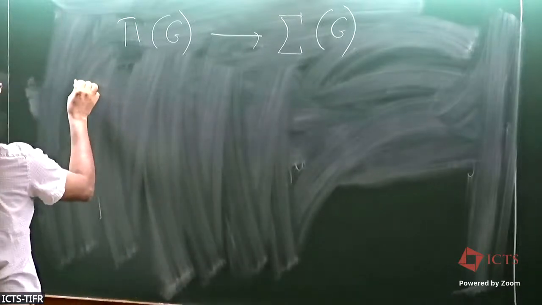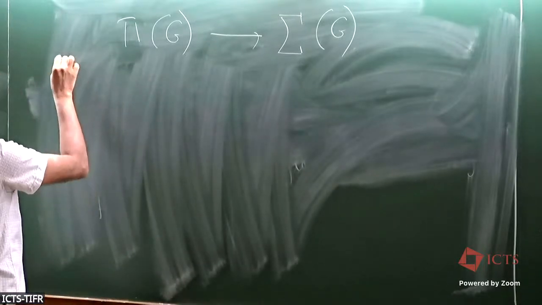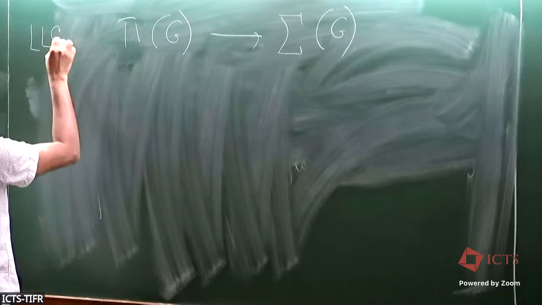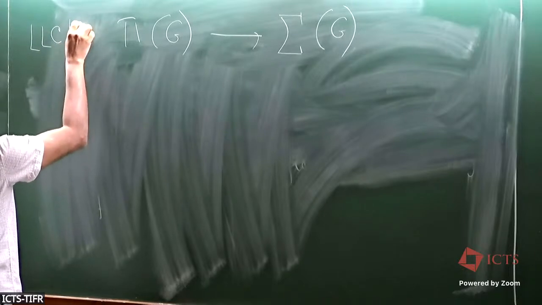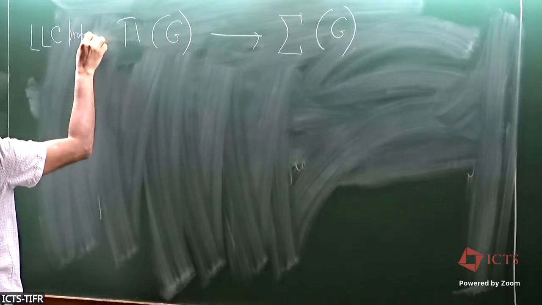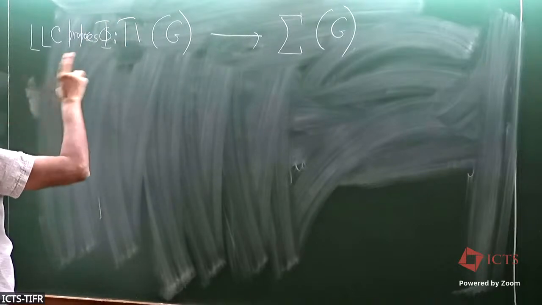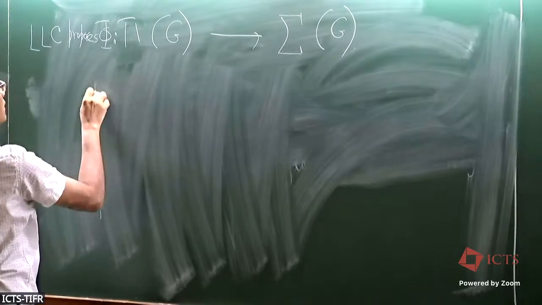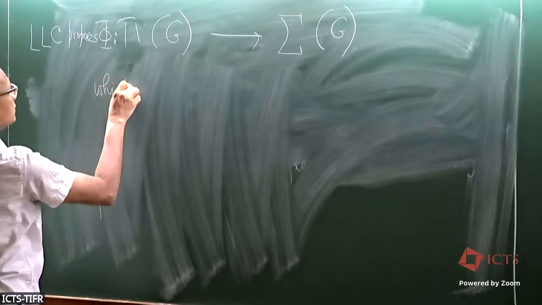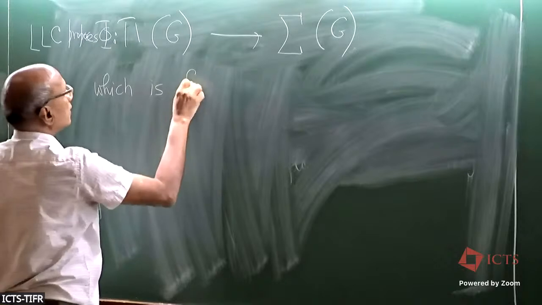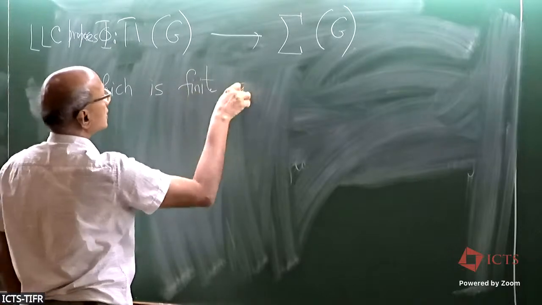So LLC proposes a map, let's say phi, from representations to parameters, which is finite-to-one and surjective.